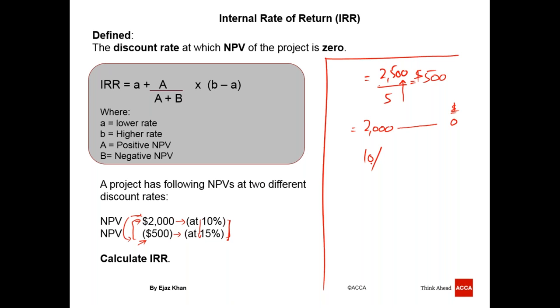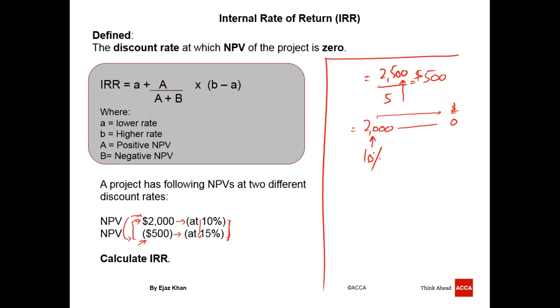Here we have 10% cost of capital and a positive NPV of 2,000. Now, if we want to convert this 2,000 positive into 0 NPV, definitely we have to increase our discount rate. And remember, every 1 percentage point is bringing 500 change in the NPV.